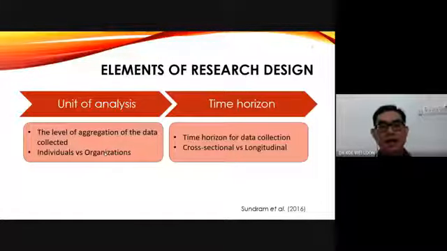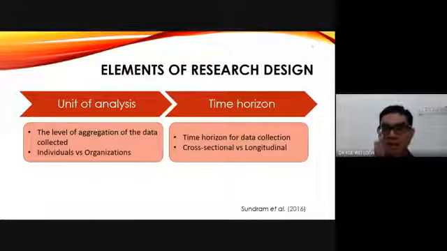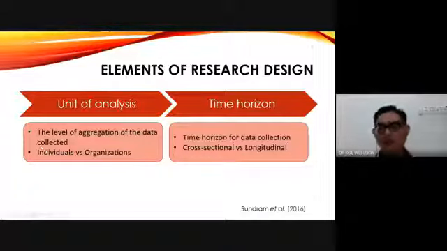So I think this is very important. You have to make it very clear when you write your research design. You have to write it down clearly. Individuals, I think okay, no problem. But a lot of students, if their unit of analysis is organizations, sometimes make mistakes. You ask the students, since you are going to collect the data from organization, can you tell me who will be the one that provides the data to you?